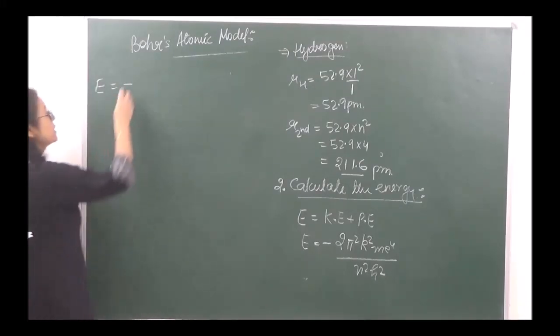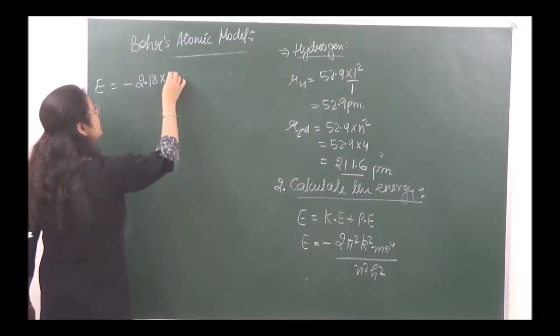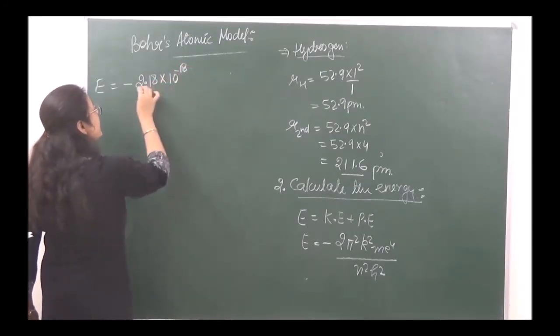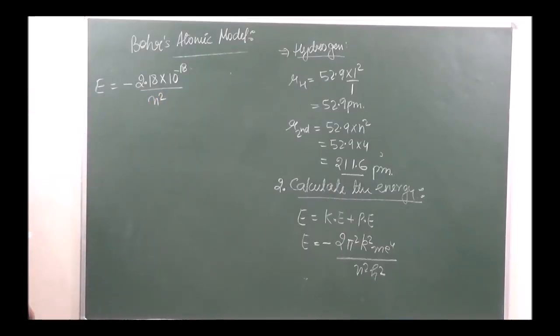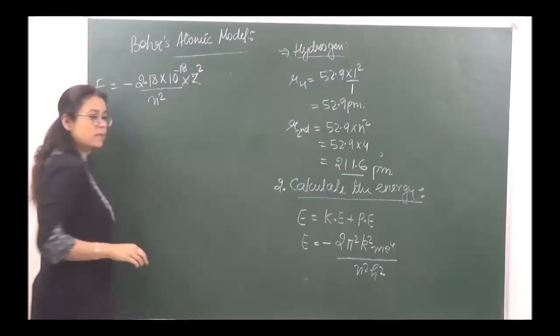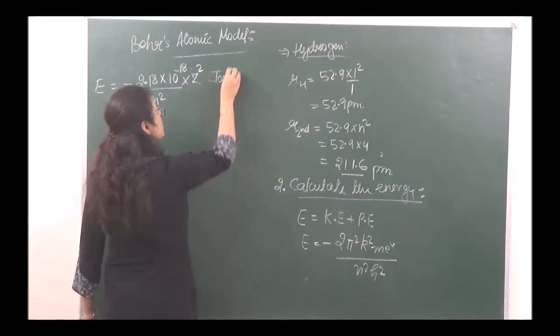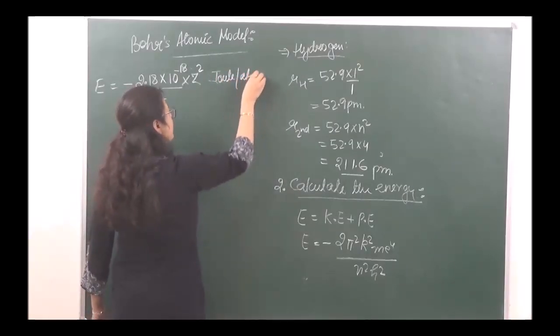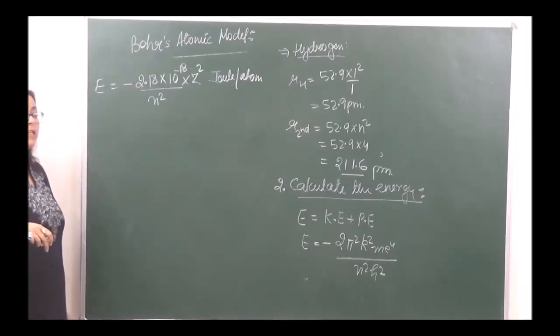In the first unit, the value of energy was 2.18 into 10 raised to power minus 18 upon n square, into z square to take the atomic number into consideration, and the unit for this was joules per atom. So when we are doing questions regarding energies, please be sure to see the unit in which the answer is given to you.